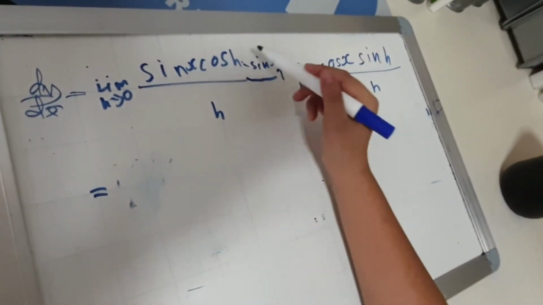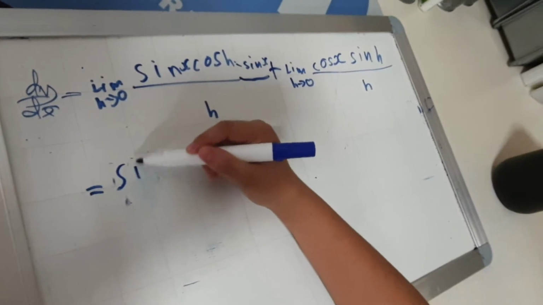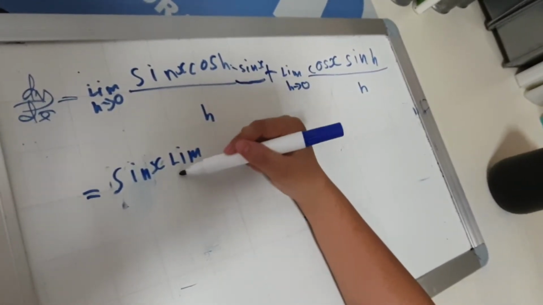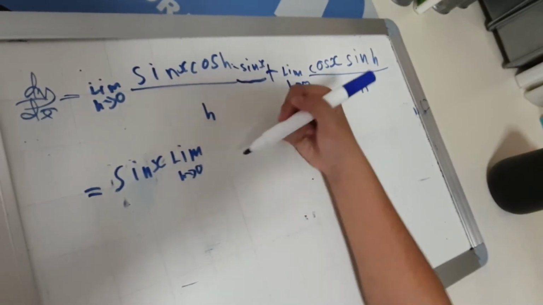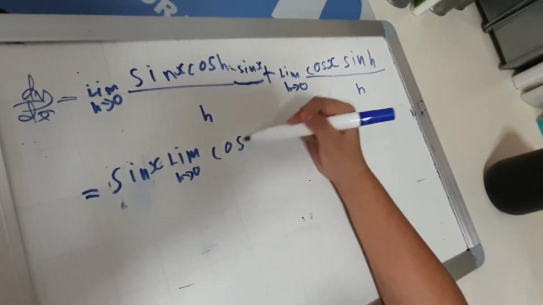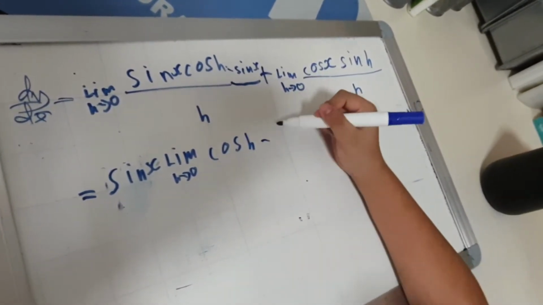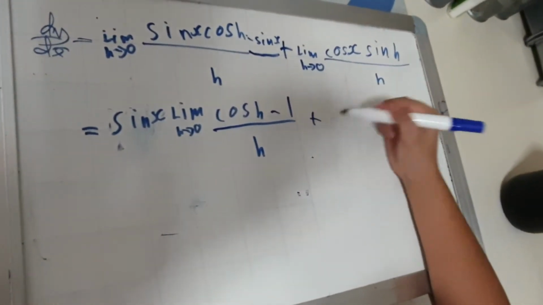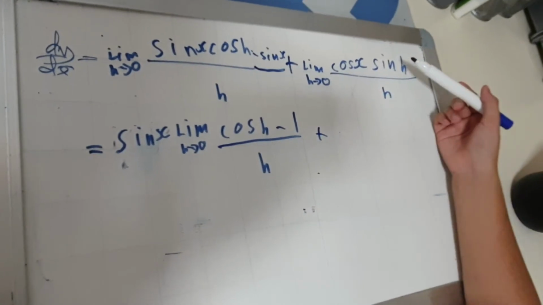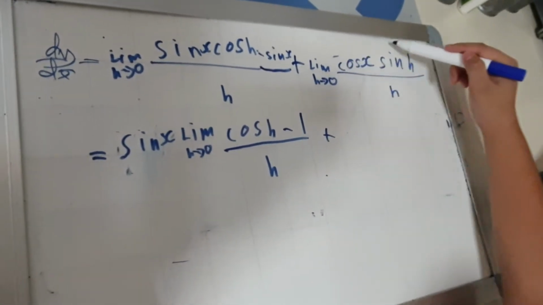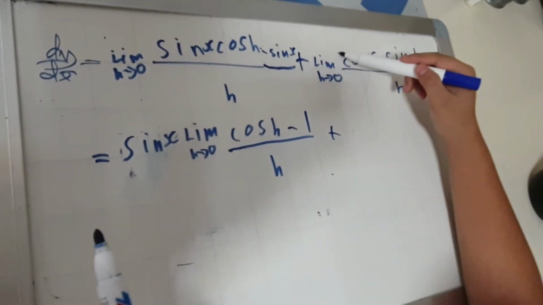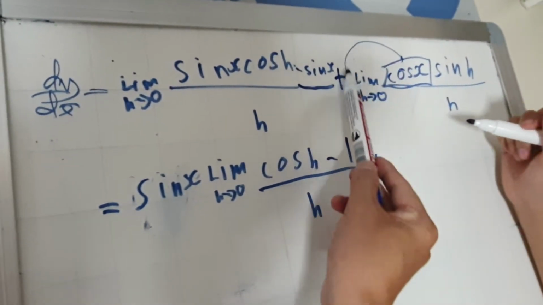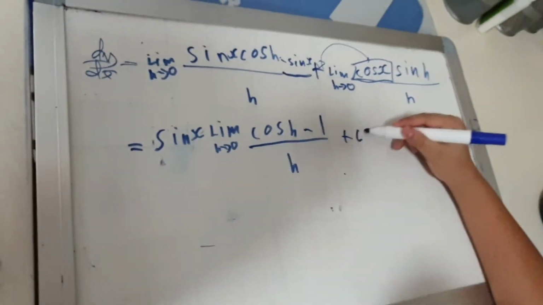So when you factor out the sine, this will become sine x, limit as h heads to 0, and cos h minus 1 over h. And the other side, since there's not really sine here, this thing is just one massive block. You just factor out cos, because that cos there is like a constant. You can take it out.